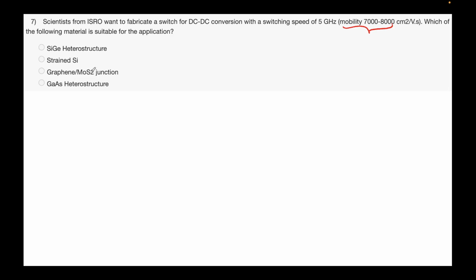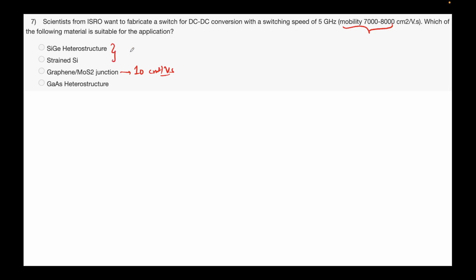MoS2 I also talked about in the introductory slide, where I was talking about the different compound semiconductors. Their mobilities are very low, like tens of, or maybe hundreds of, centimeters square per volt second. So they have their applications, but not for the one you're targeting.